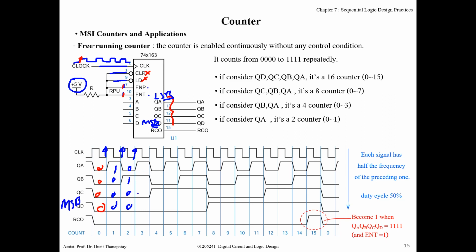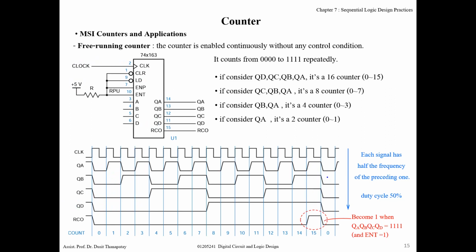When the clock ticks, it changes to 0, 0, 1, 1, and so on until 1, 1, 1, 1. When it becomes 1, 1, 1, 1, RCO will be active. This is a 4-bit binary counter, counting from 0, 0, 0, 0 to 1, 1, 1, 1. When the clock ticks again, it goes back to the 0, 0, 0, 0 state.